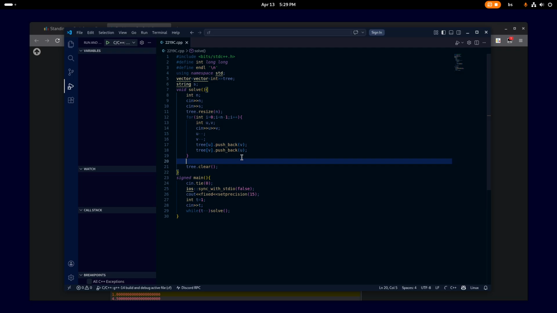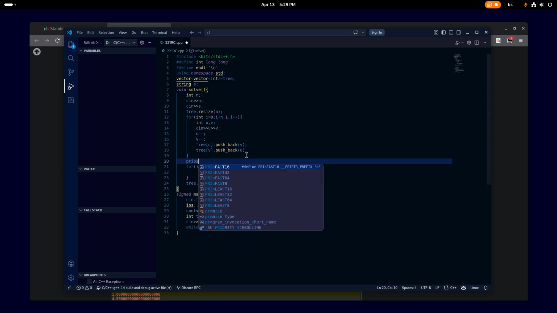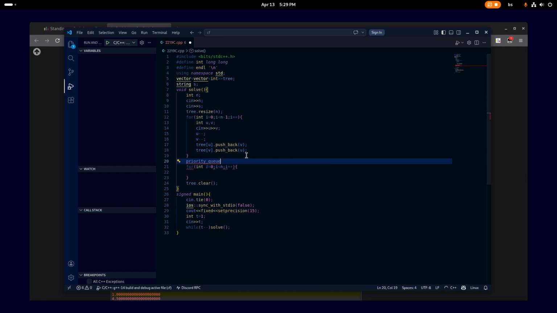But I think you can do something like this, a priority queue of pair of long double and int, because the first one will be the ratio of red neighbors divided by total neighbors. The second will be the node number.